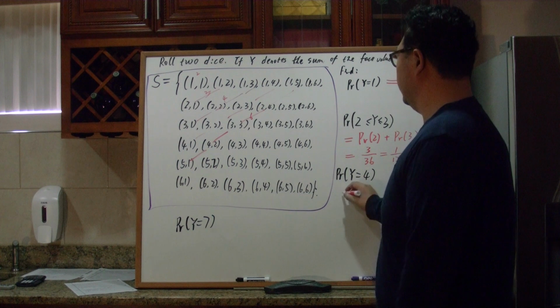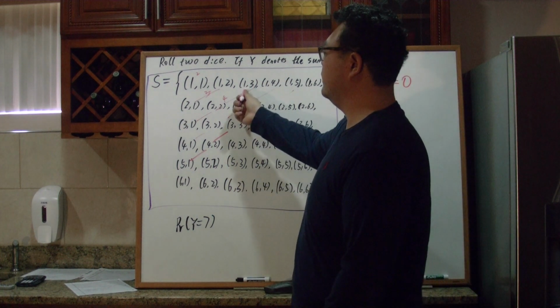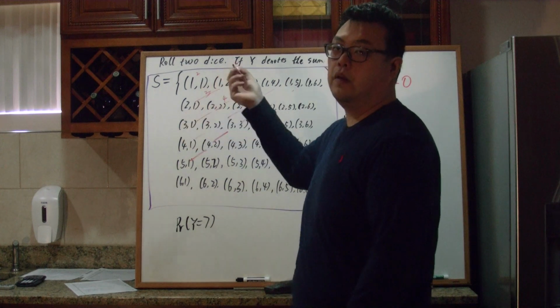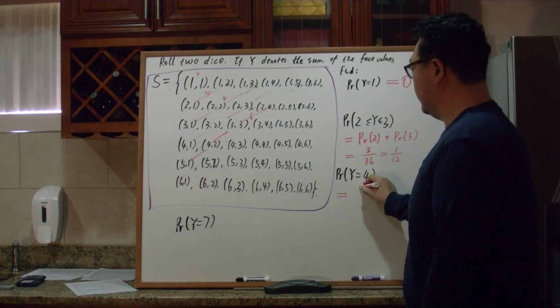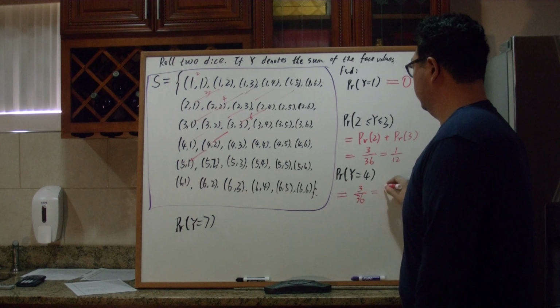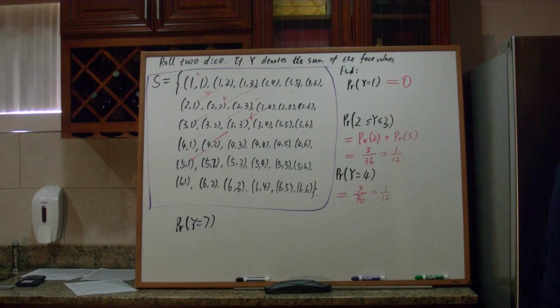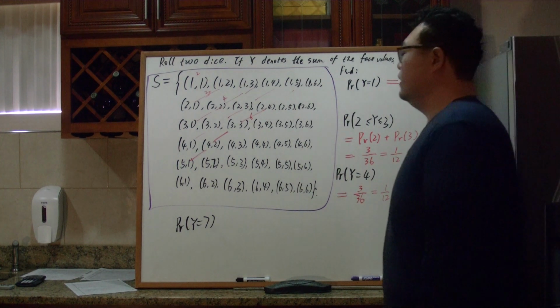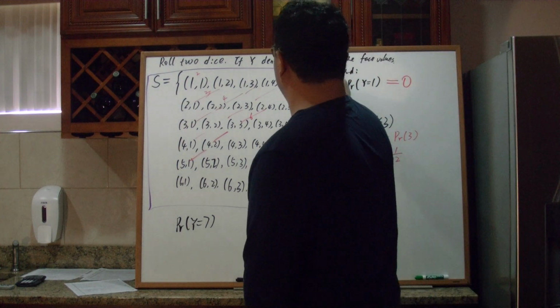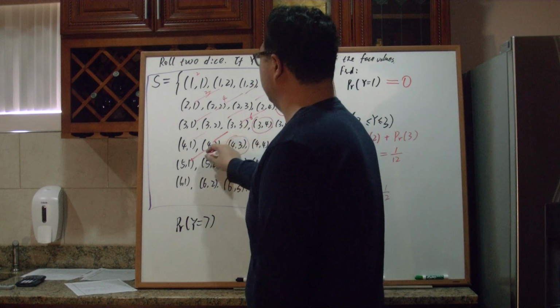For the sum to be 4, we get in the sample space 1,3, 2,2, and 3,1. That is 3 out of them, 1/12.